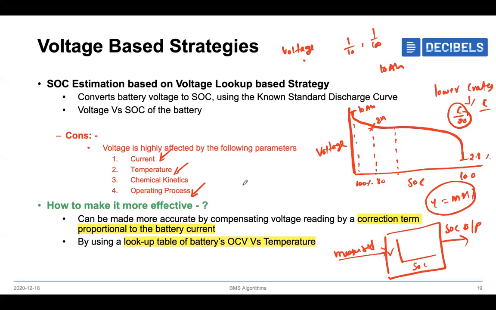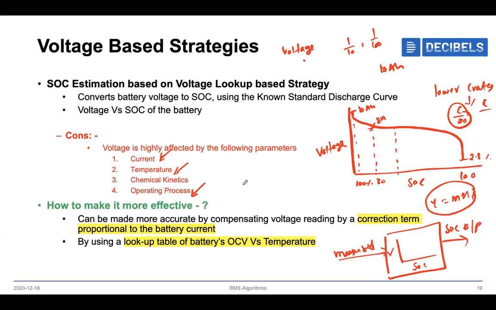So how can we make it more effective by including all these negative parameters that we discussed, like sensor noise, process noise, and measurement noise, and also creating a correction term according to the battery current? If the battery current is varying this much, there has to be a term which will tell us, okay, the voltage has to be this much.